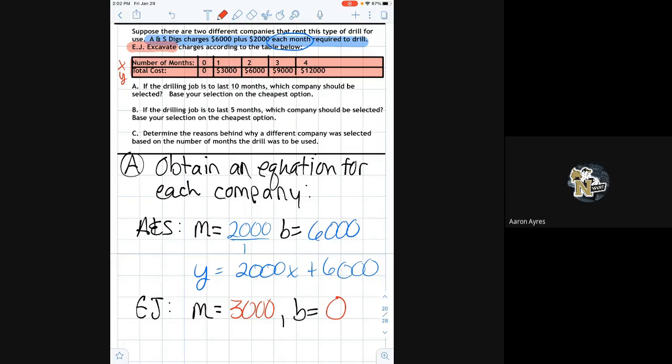So Y depends on X. Y is on bottom. X is on top. Does that make sense? So to find slope, remember slope is changing Y over changing X. You just take two entries in your table and subtract them. That becomes 3,000. This is 1. So your slope is 3,000 over 1. Everybody see how we got that?